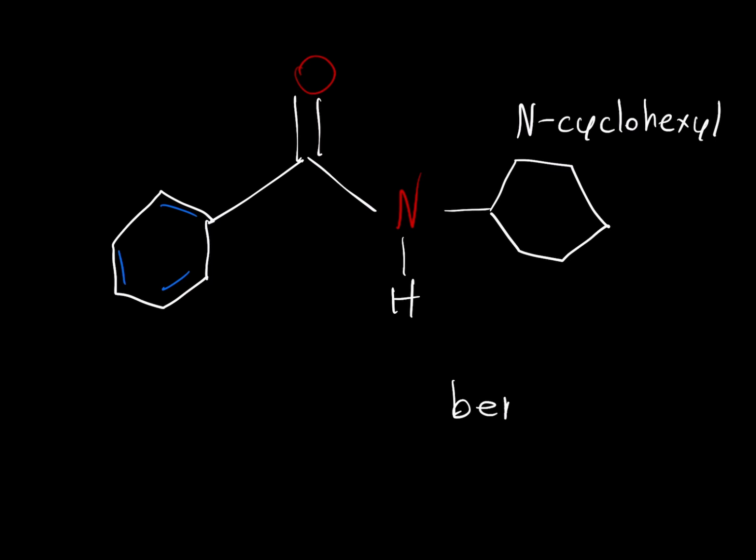So it would be benzamide for the name of the main chain, and then in terms of substituents, we have N-cyclohexyl. So N-cyclohexylbenzamide is going to be the name of this molecule.